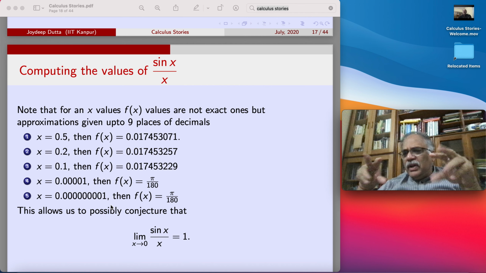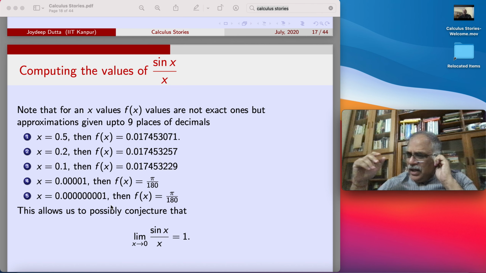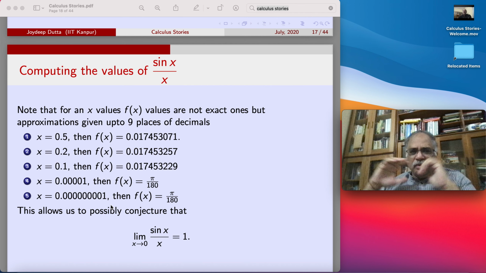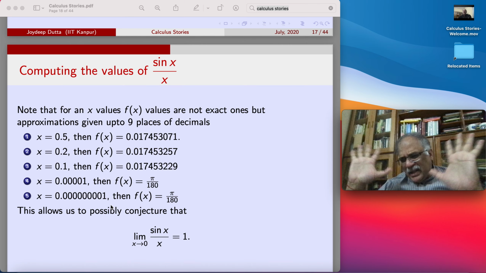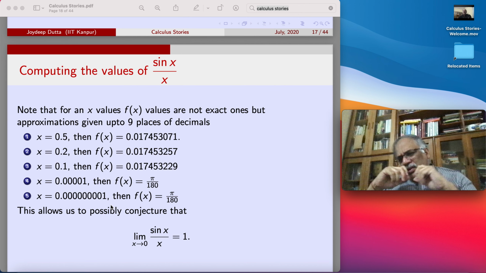Because if you put the value of pi as 22 by 7 or 3.14 and divide by 180, it will come to about 0.01744444. So that kind of expression, but every time it was writing pi by 180.